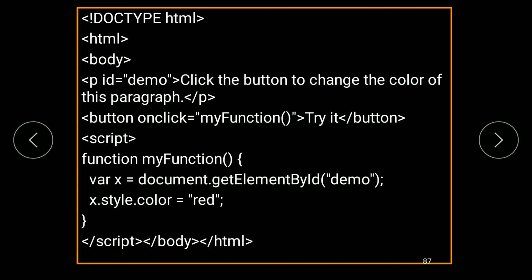So in that, the first line, you know that if you use HTML5, you have to add this line in your file, in your program. Then next is the HTML tag, then body. This is the basic structure, students. I repeated it again and again because most of the students are getting confused about how to write the basic concepts.